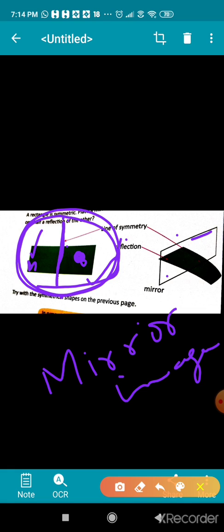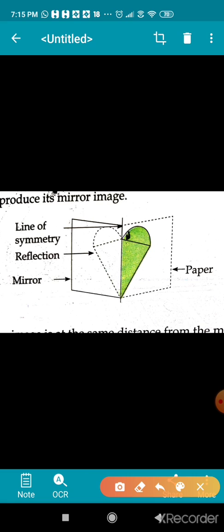Okay, so children, when the shapes are divided into two equal parts, such shapes or figures are called as symmetrical figure, and the one side resembles the other side. Okay, now here you can see one more example.